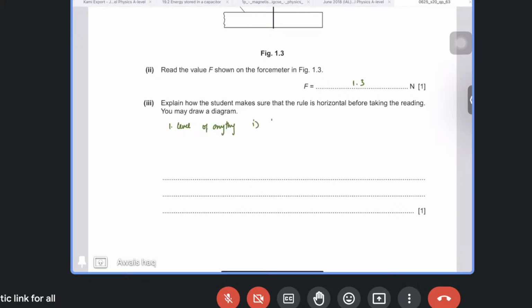Number one is called a spirit level. Have you seen a spirit level before? No, sir. It is something like this with an air bubble inside, so when you put it down the bubble moves. Oh, yes, you've seen this, everybody? Or should I show you a picture of a spirit level?